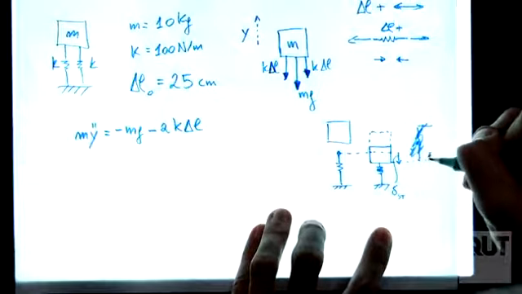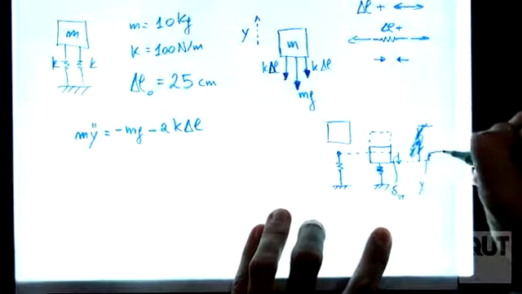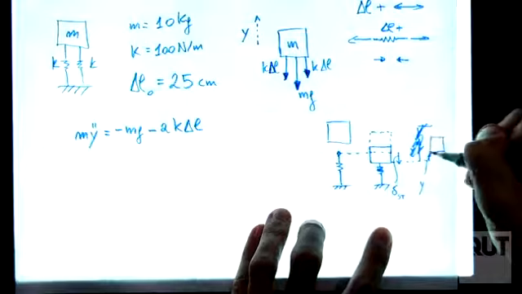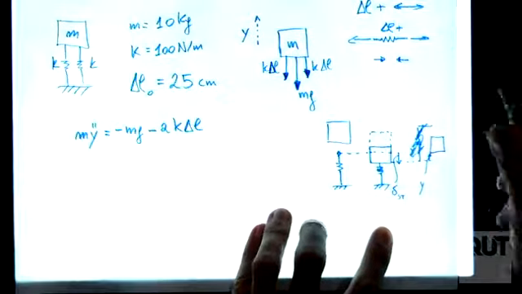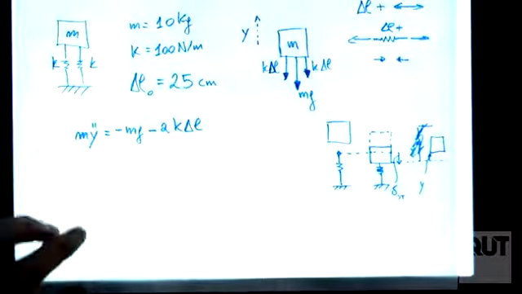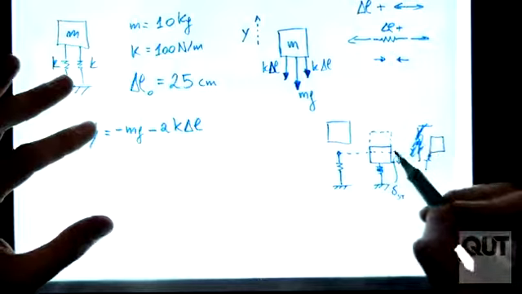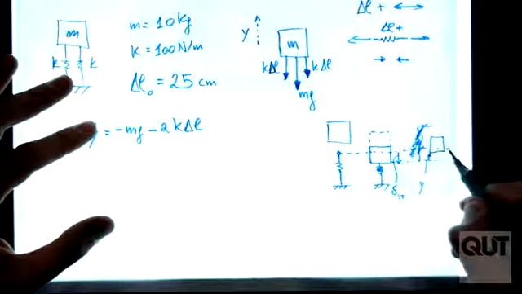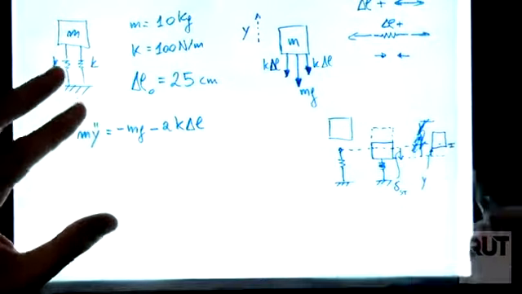This is y, and it goes here. How much is delta L? Delta L is from here to here. So this is delta L. This is drawing. I'll do it again.